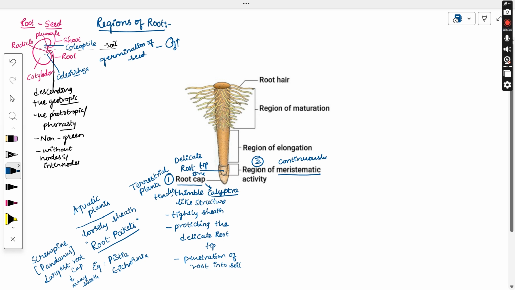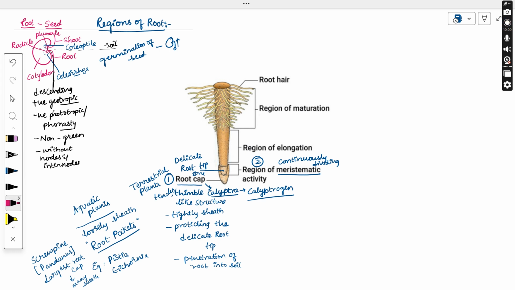Due to that continuous division, they form the root cap at the tip. That root cap is called the calyptra, and it is formed from meristematic cells called calyptrogen. Calyptrogen is the meristematic cell which is continuously dividing and forming the calyptra, the other name of the root cap.